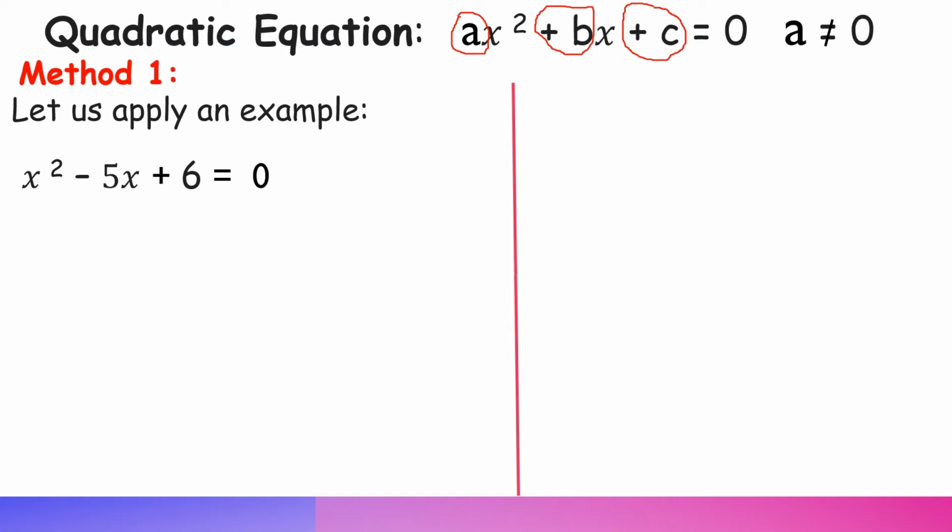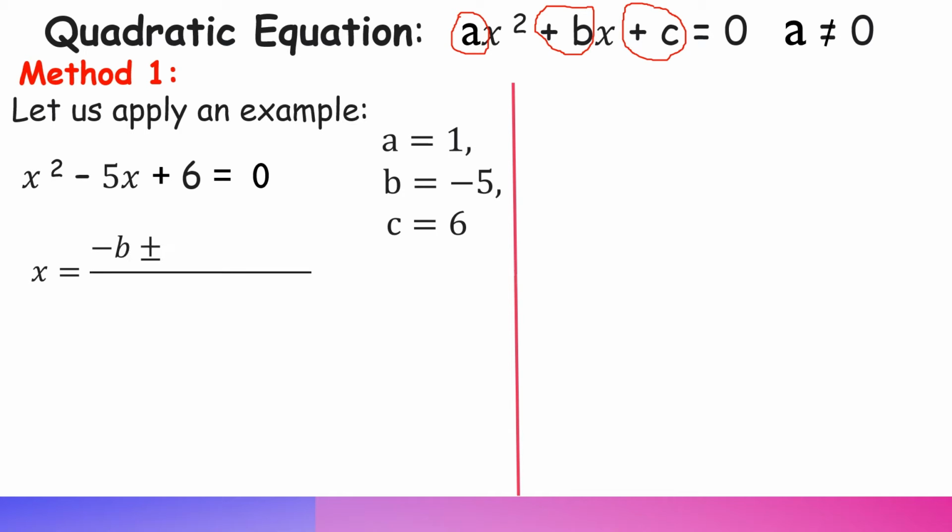And by analogy, if we look at the example, x squared minus 5x plus 6 is equals to 0, our a term is 1, b is minus 5, and c is equals to 6.